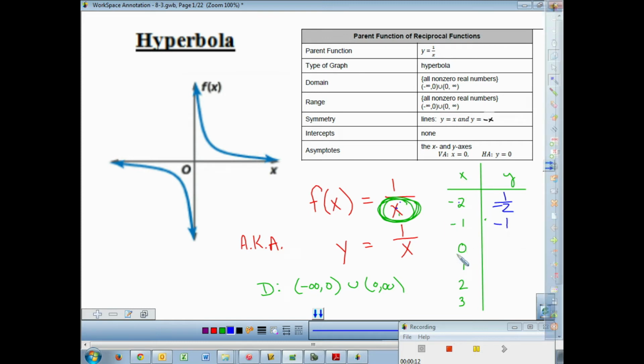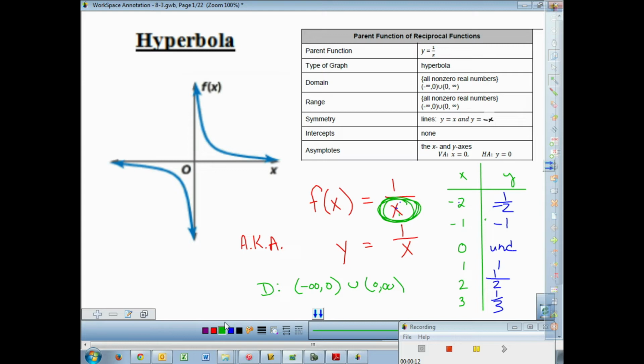If I put 0 in for x, then you get 1 over 0, which can't happen. Is that cool with you? What if you put 1 in for x? What would y turn out to be? 1. If you put 2 in for x? 1 over 2, correct? And what if you put 3 in for x? 1 over 3.